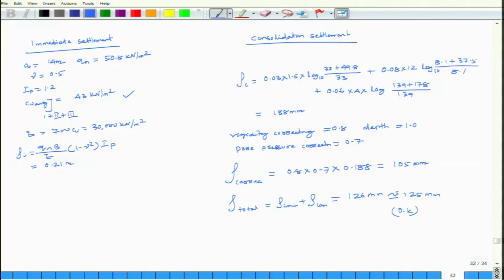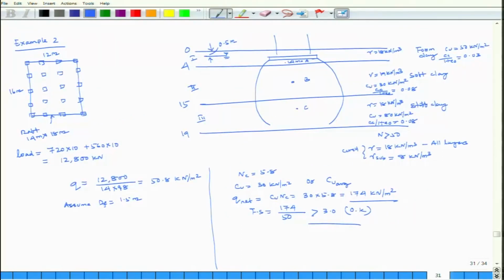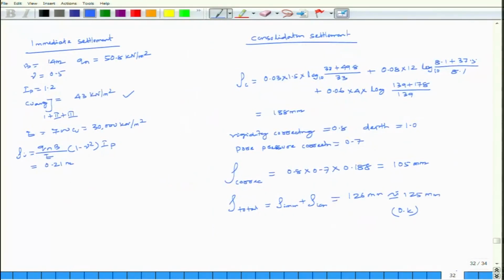Consolidation settlement considering layers 1, 2 and 3, this part I have given. Of course, I have given the detailed calculations. Here is P0 plus delta P by P0. It comes out to be 188 mm. There are generally 3 corrections applied. One is your rigidity, how rigid it is. So, rigidity correction is 0.8, then depth correction is 1, pore water pressure correction is 0.7.